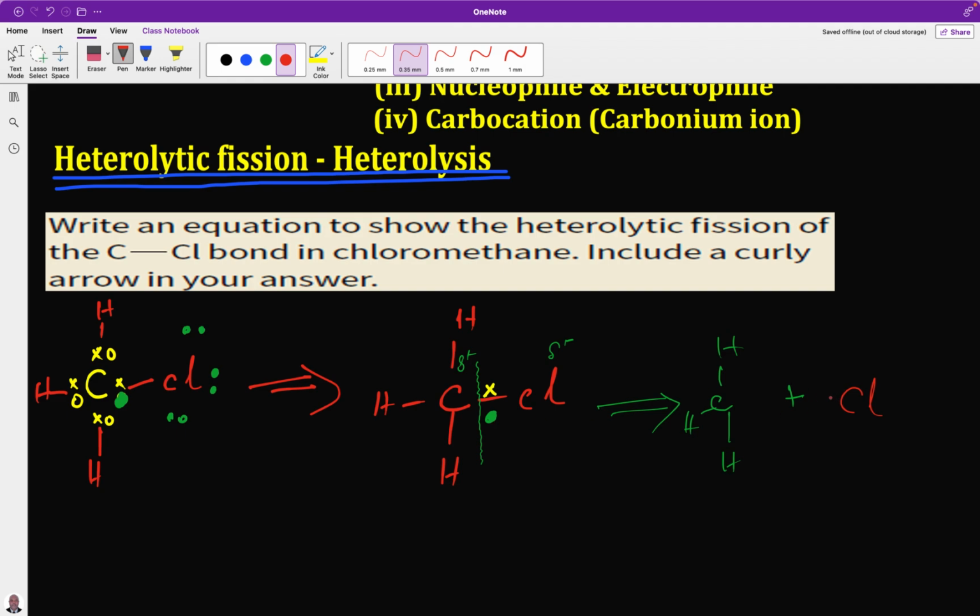With a pair of electrons. And here, the other one is left like that. That is what happens. In that case, we can say this has a positive charge and this has a negative charge.